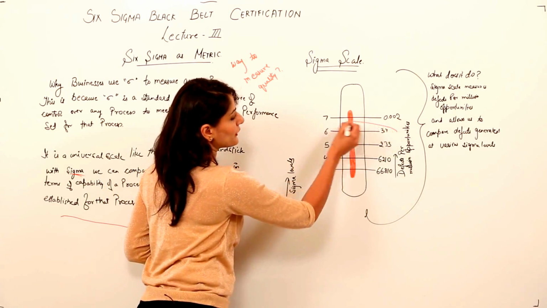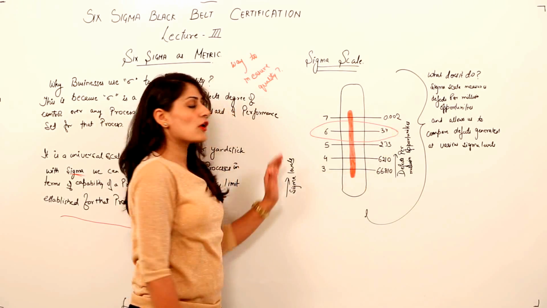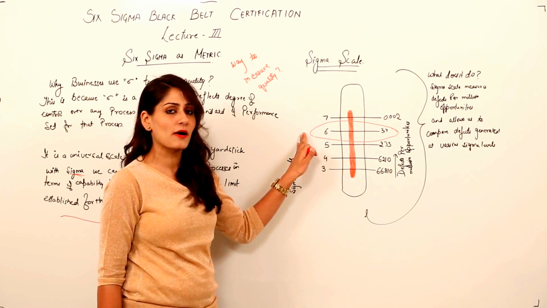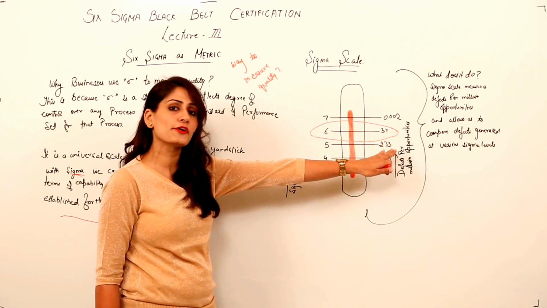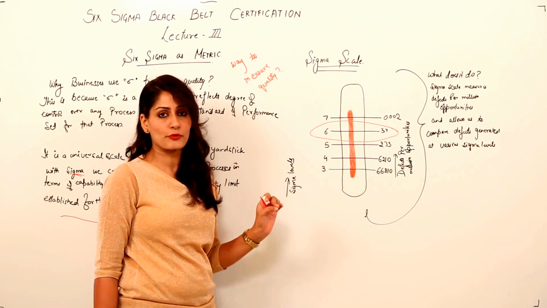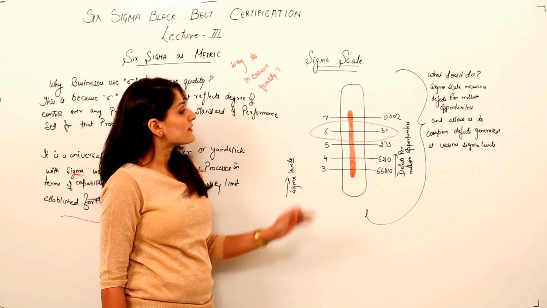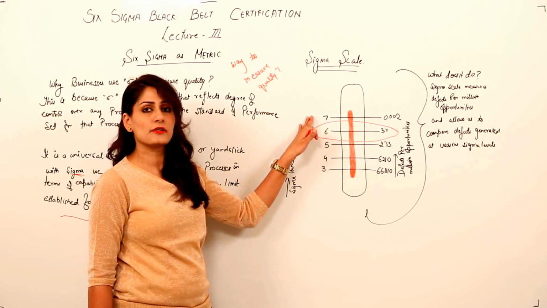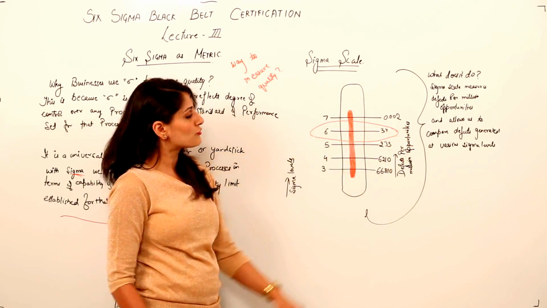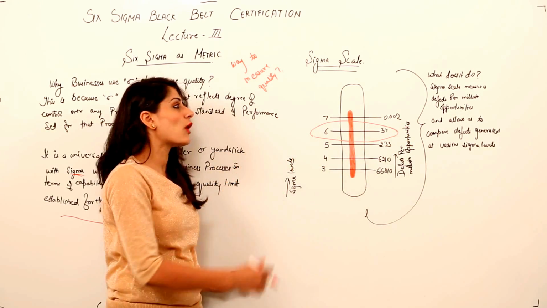This is a very crucial number, because if any process is working at 6 sigma level and generating 3.4 defects per million opportunities, it is considered a world-class product from a quality perspective. In the same way, if we go higher, like 7 sigma level, the defects generated are only 0.002. So, defects are becoming less as we go up.